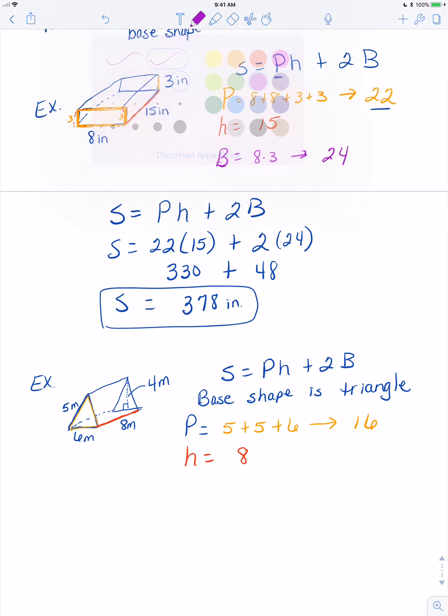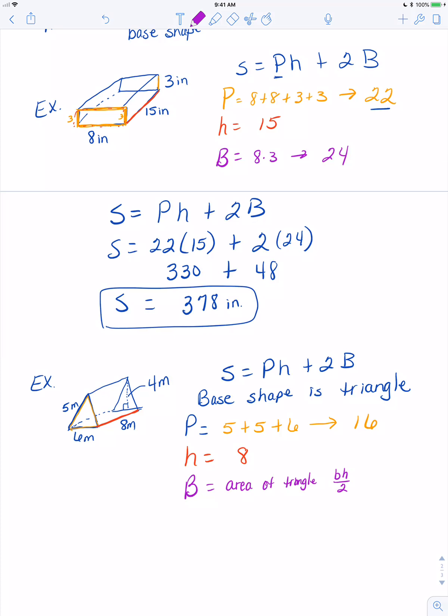Then the area of the base shape, and remember, area of a triangle is base times height divided by 2. So what's the base of that triangle?